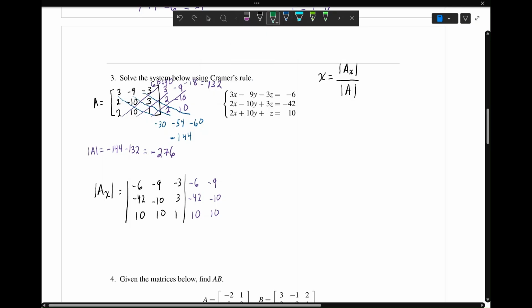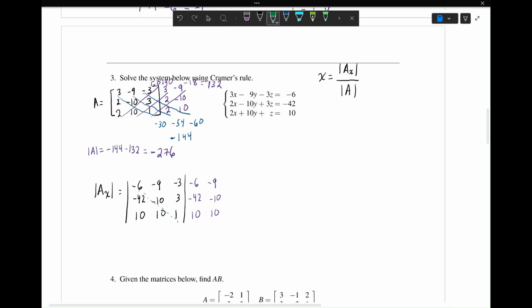I'm going to change to a nice green here. So this first diagonal, there's two negatives, so that ends up being a positive 60. The next diagonal, we have one negative, so that ends up being a negative 270. Then this last diagonal has two negatives, so we have negative 3 times 42 times 10, and that ends up being 1260.